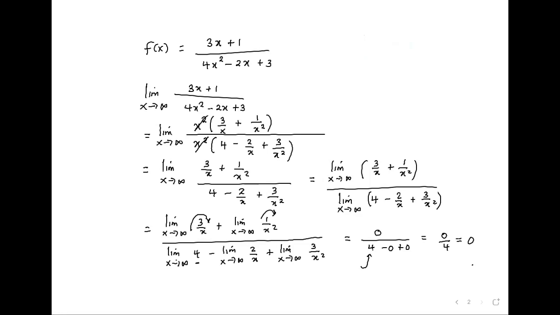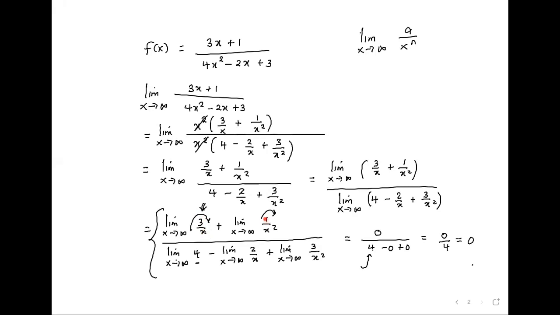Because we have two things here. So at each point, when we separate it like this, we're having the limit as x goes to infinity of a over x to the power n. So here our a is 3 and n is 1.